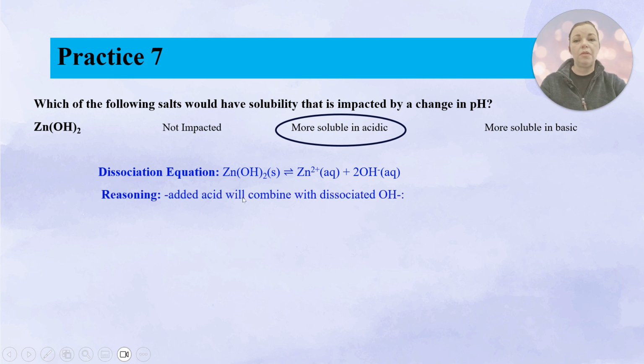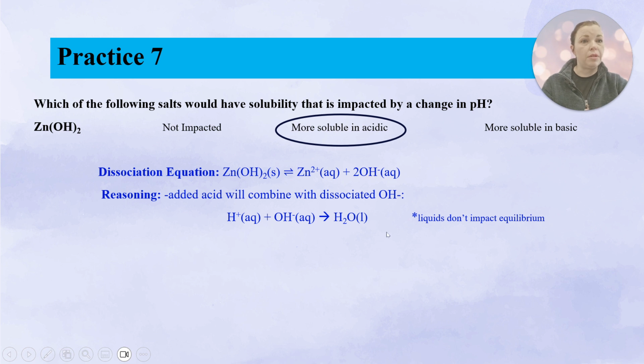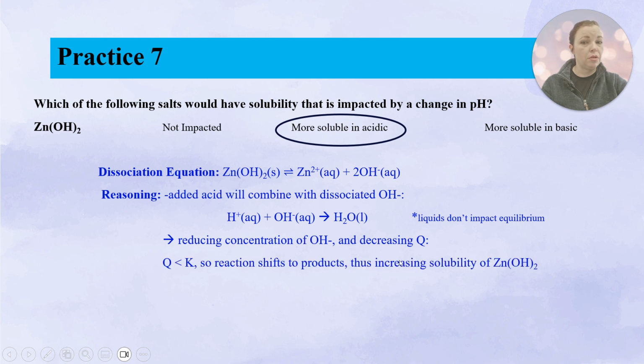So if we add acid, that would combine with the dissociated OH- to form water. And again, remembering that liquids don't impact equilibrium, we are removing OH- from the equilibrium system. That reduces your concentration of OH-, it decreases your Q. Because your Q is less than K, your reaction will shift to the products, which increases the solubility of zinc hydroxide.